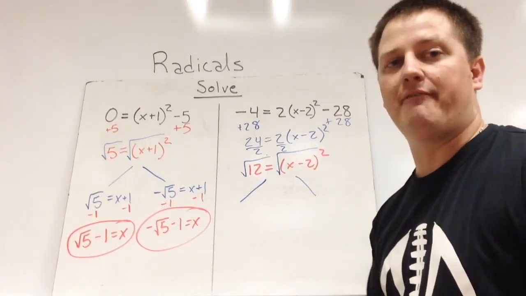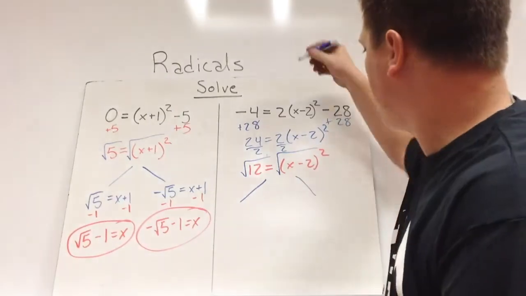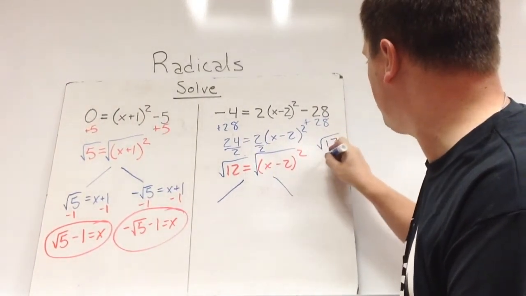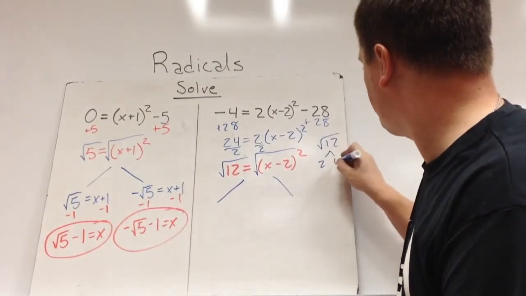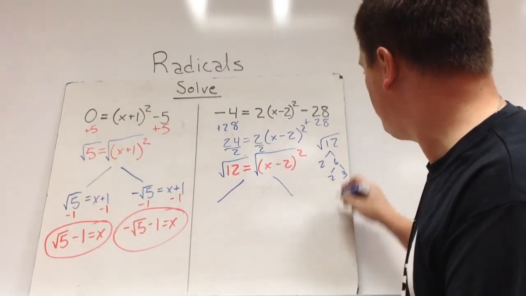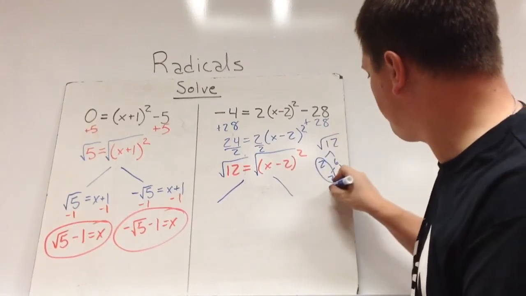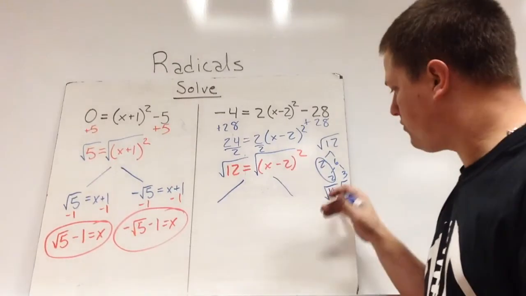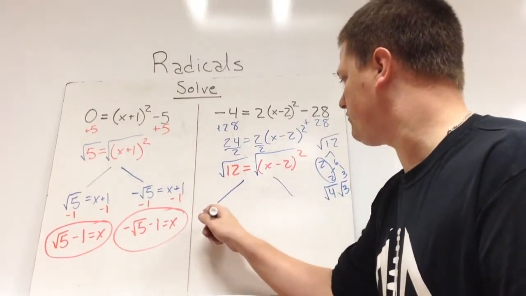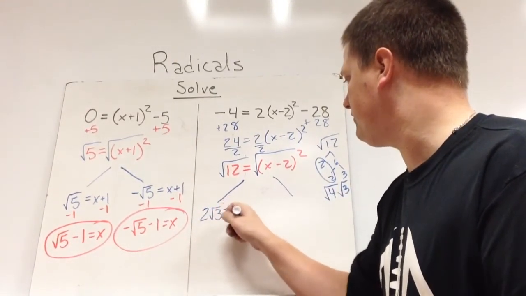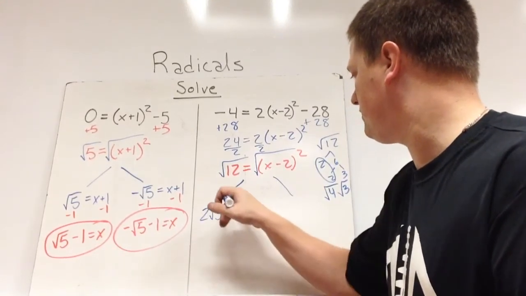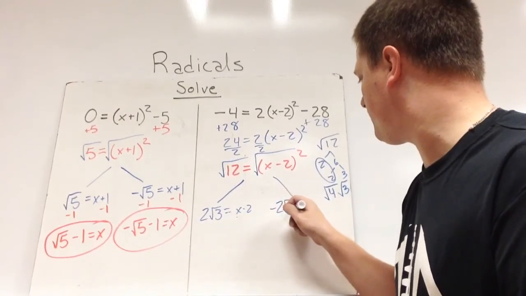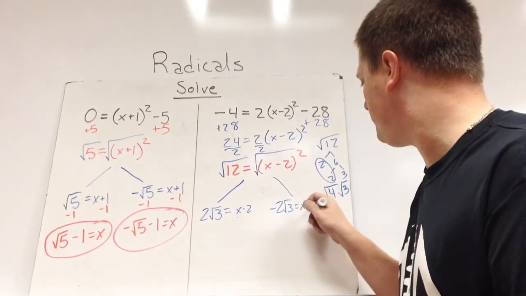Well, the square root of 12 actually can be simplified, so I'm going to go through this work really quick. Square root of 12 becomes 2 times 6, 2, 3. 2 2's make 4. So I'm going to square root 4, square root 3. Square root of 4 is 2, so 2 square root 3 equals x minus 2. And negative 2 square root 3 equals x minus 2.